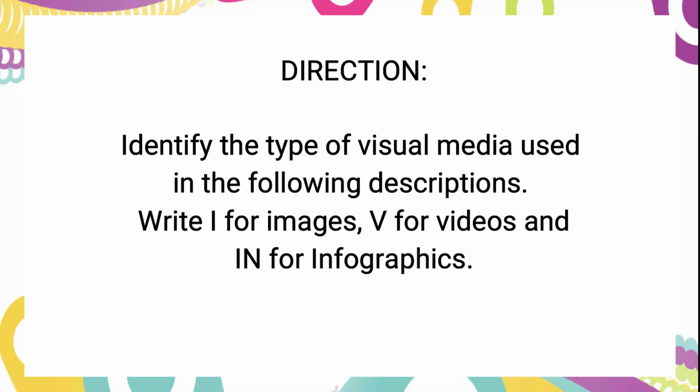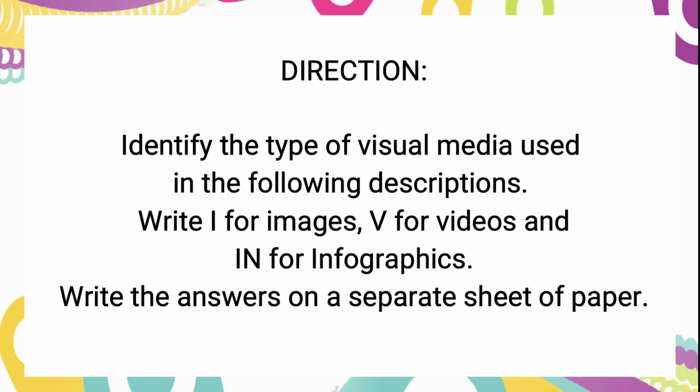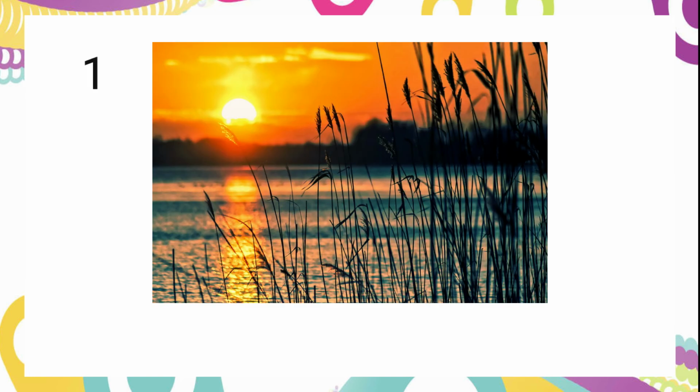Direction: Identify the type of visual media used in the following descriptions. Write I for images, V for videos, and IN for infographics. Write the answer on a separate sheet of paper. Number 1.